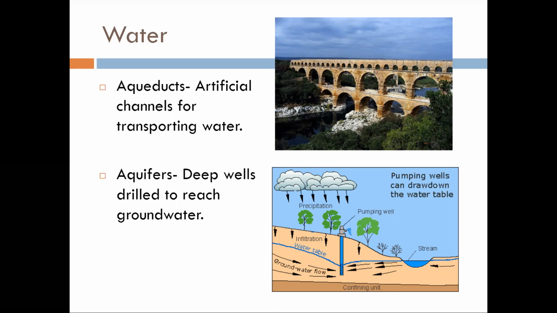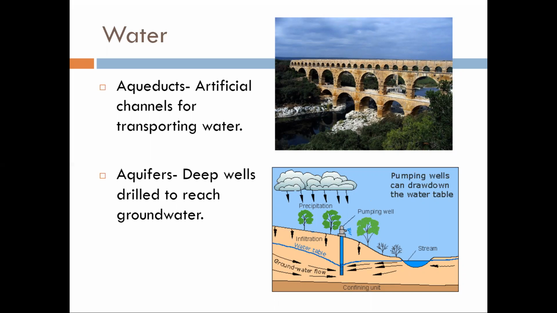Now we're going to look at two terms specifically related to water. Okay, so continuing on with water, aqueducts, okay, artificial channels for transporting water. We talked about some regions having dry weather, okay, not a lot of rainfall, or maybe the land is very sandy, okay.